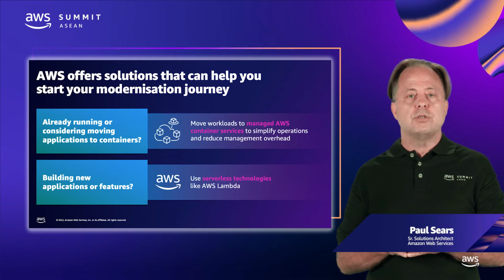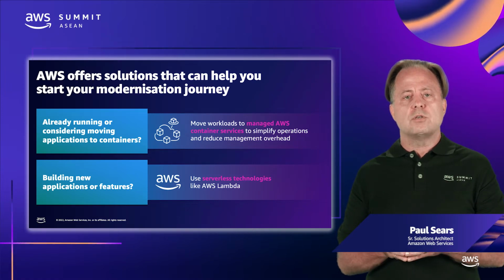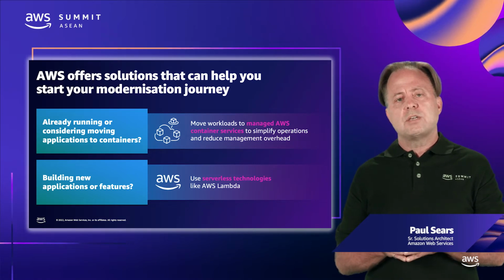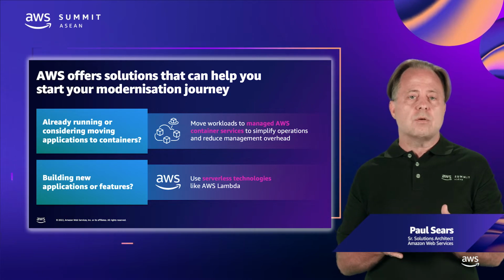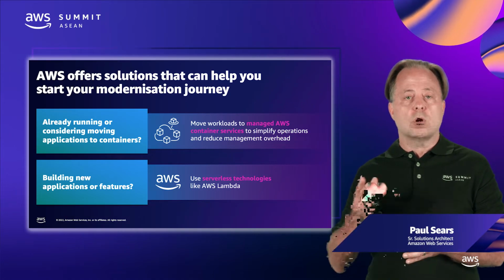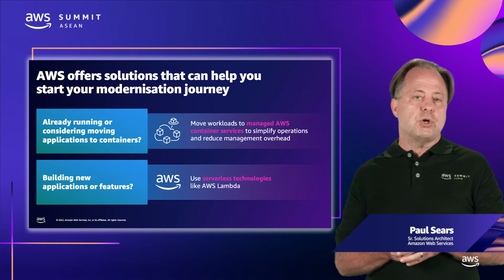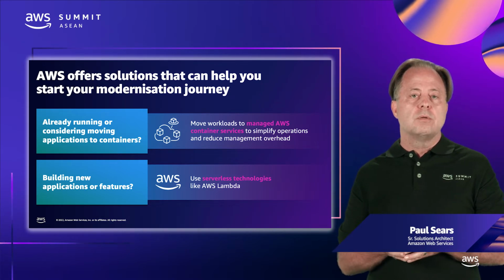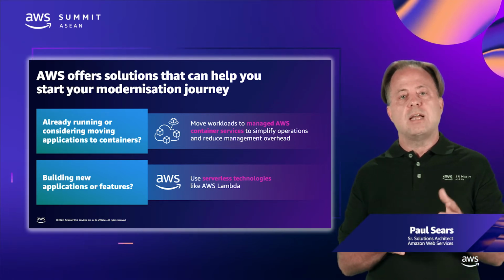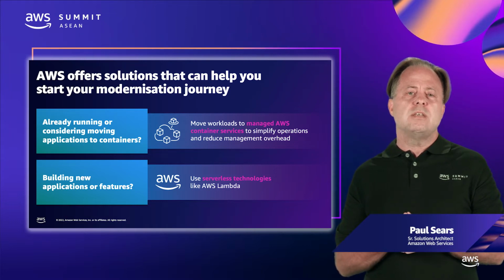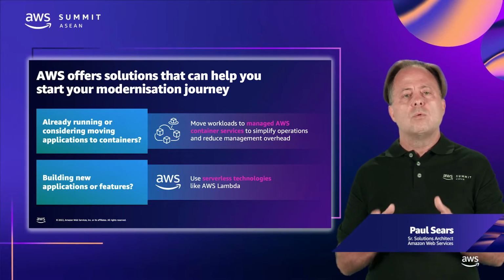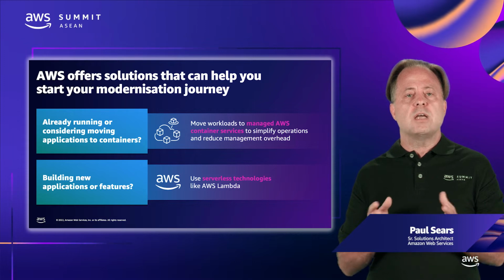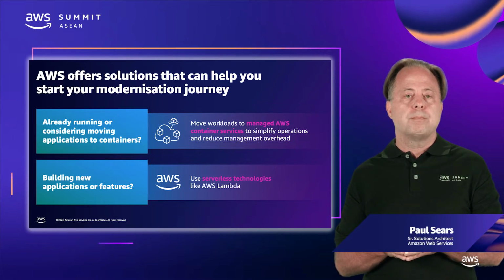To help with your journey, AWS offers you solutions. For example, your organization might be considering adopting containers, or maybe you already have container-based workloads. The next step in the journey would be to move those workloads to managed AWS container services, such as ECS, EKS, and Fargate, with the benefit of simpler operations and reduced management overhead.